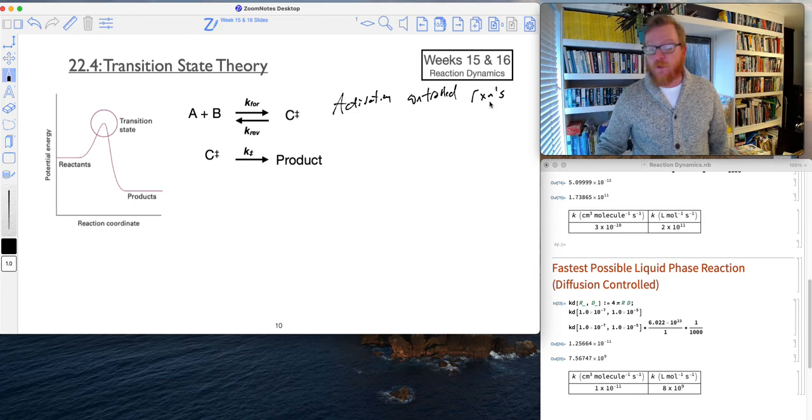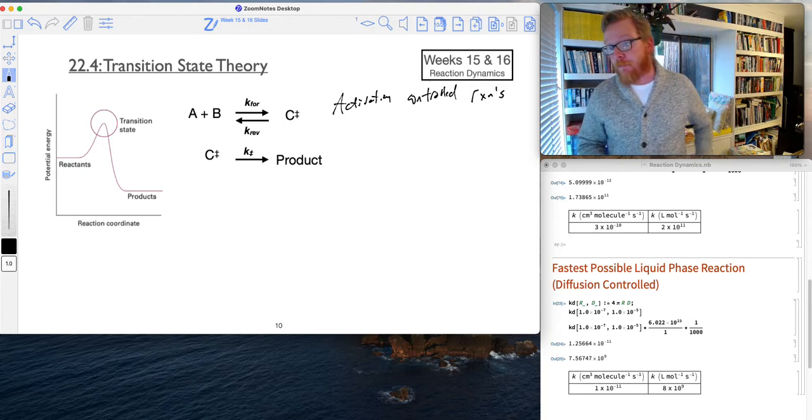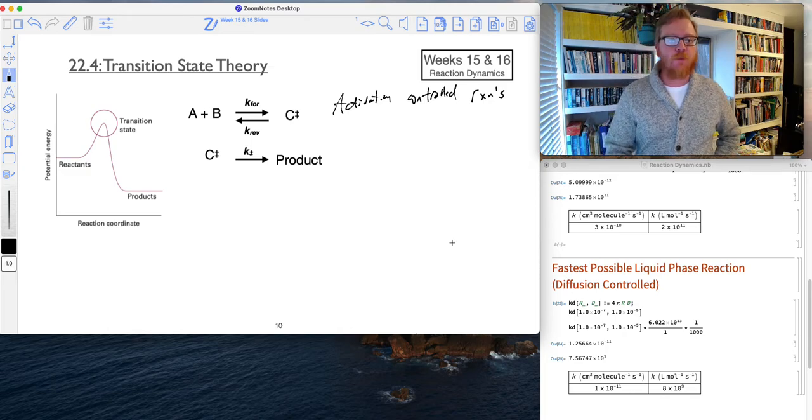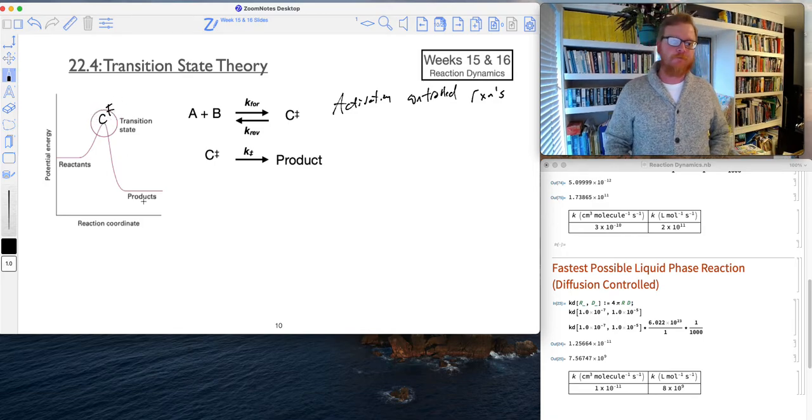And so this is where we really get into the statistical mechanics and the quantum mechanics. So I'm only going to talk about this really briefly. Okay. So here we have the same mechanism we've been looking at before, A plus B, and now I'm just calling this some transition state, C double dagger. Okay.